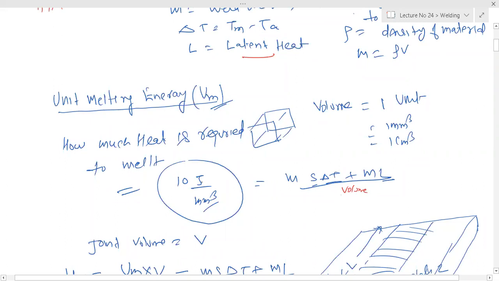So you understand it like that. Unit melting energy means how much energy is required to melt one unit volume of the weld bead, or unit volume of the joint. For example, if it is 10 joule per millimeter cube, then 10 joules will be required to melt 1 millimeter cube.